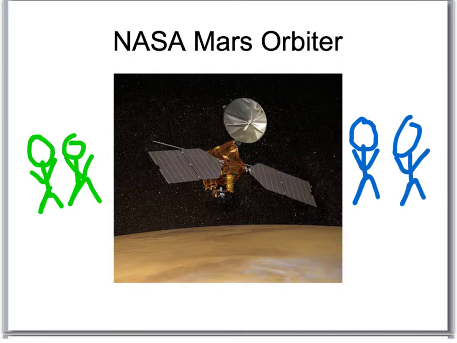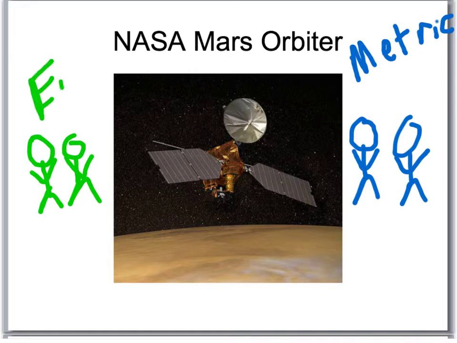The problem was that one team was being good scientists, and they used the metric system. Another team didn't do so well at their scientific training, and they used the English system.